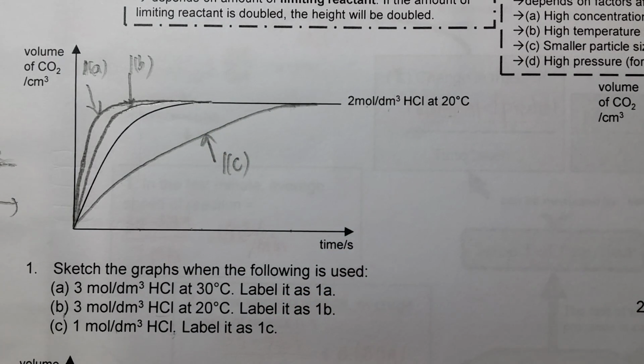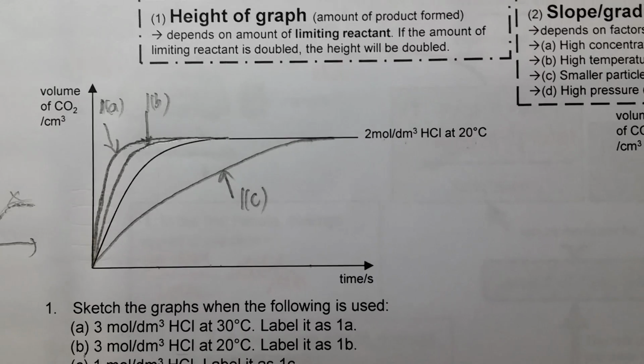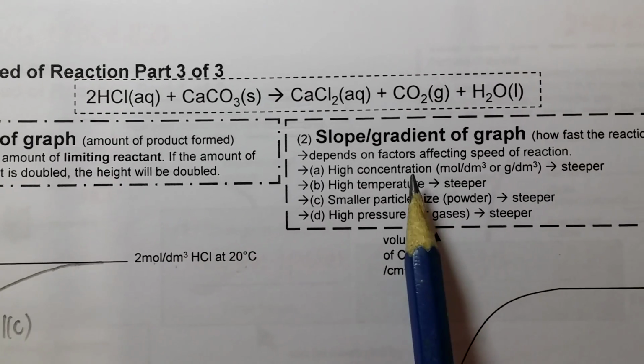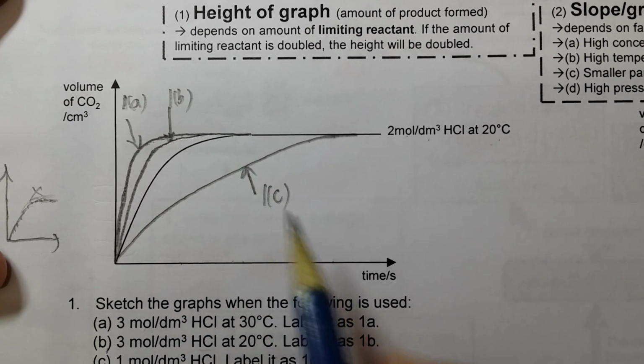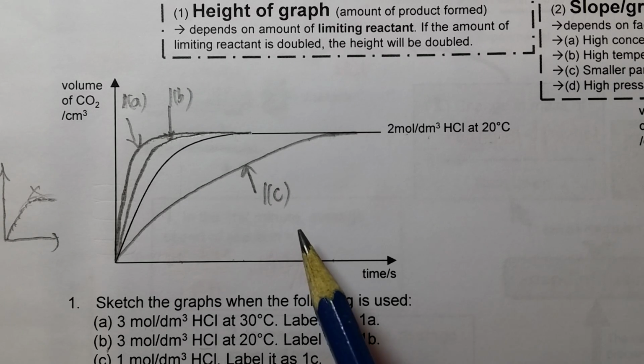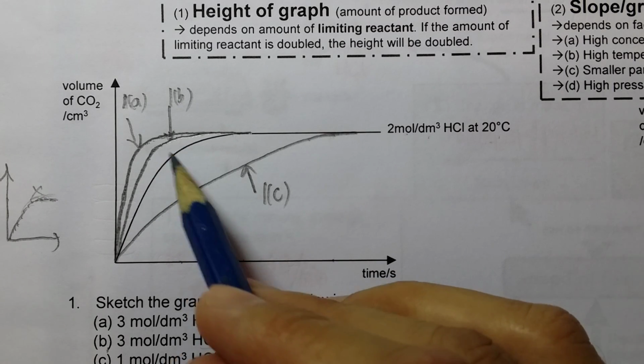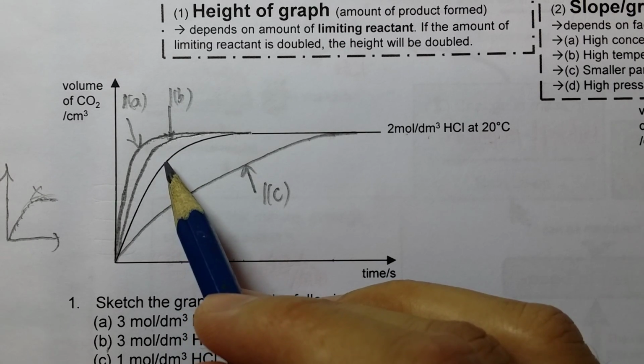Alright? So remember, when you sketch a speed of reaction curve, make sure the curve is smooth. Number 1. Number 2, take note of the height of the graph as well as the gradient. Number 3, make sure you label it. And also, it must be very distinct between the graphs.